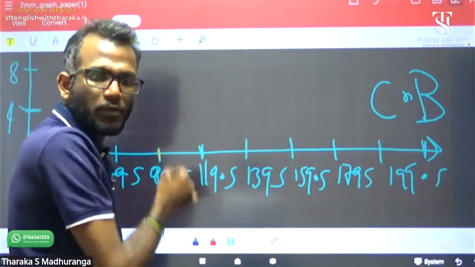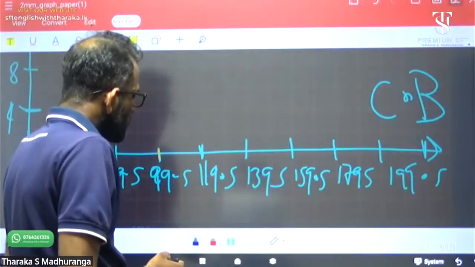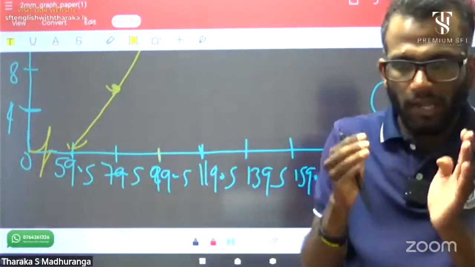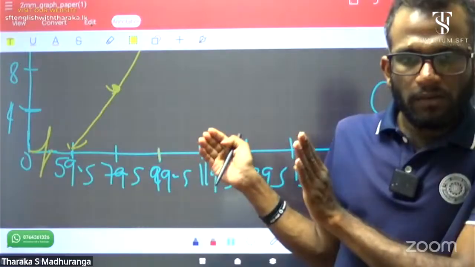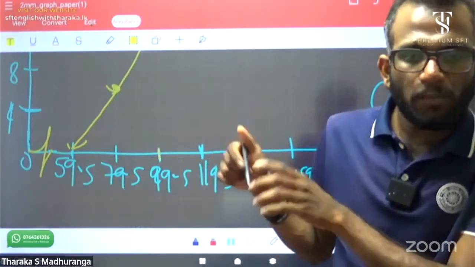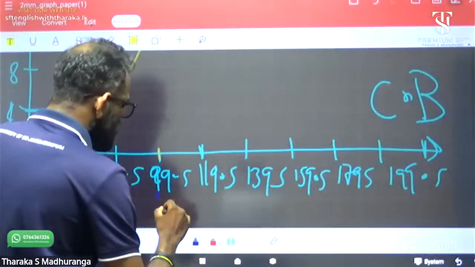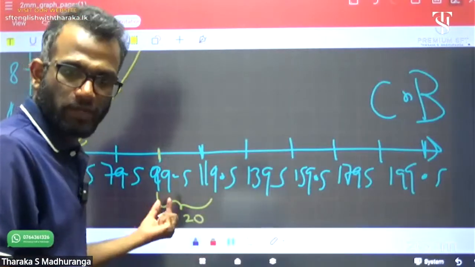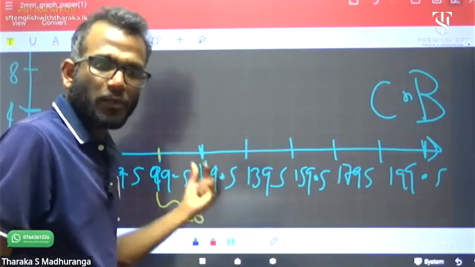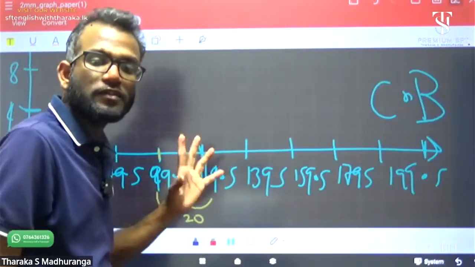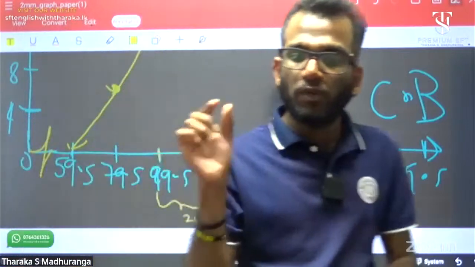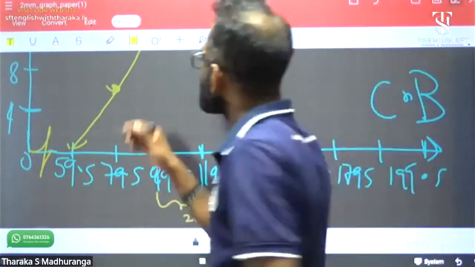This is 99.5, and it has 10 boxes between 99.5 and 119.5. The gap is 20. 119.5 minus 99.5 is 20. But it's represented by 10 small boxes, right? Clear?